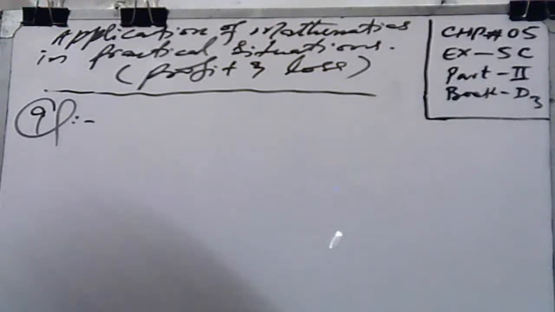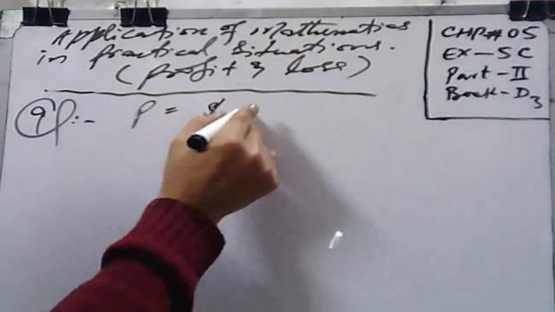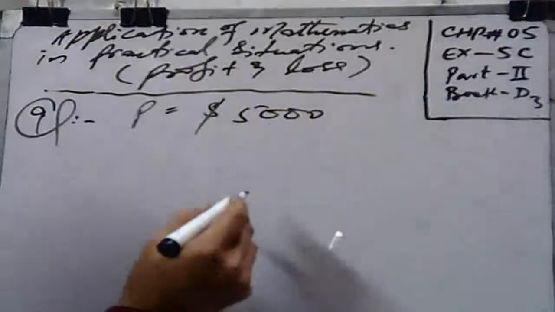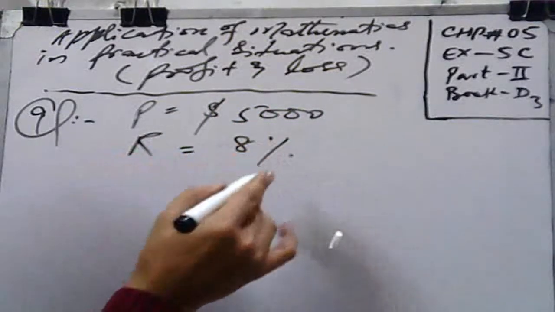Find the total interest in her account at the end of 3 years. Okay, compounded, it's a new formula here. For example, the principal amount is $5,000. Rate of interest is given to us, that is 8%. Time period is equal to 3 years, and we have to find simple interest, that is compounded interest.